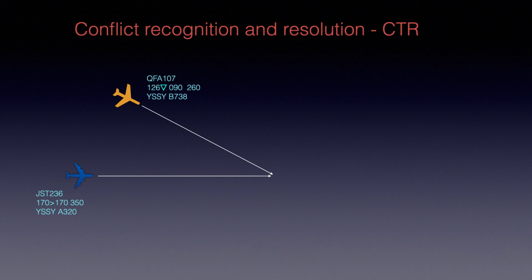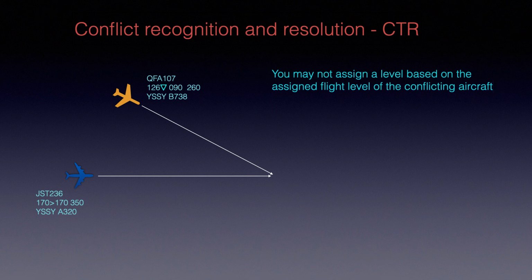Now, you've got converging flight paths. What you've got to be careful of is you may not assign a level based on the assigned flight level of the conflicting aircraft. Let's say Jetstar 236 asks for descent, or you may need to descend him.